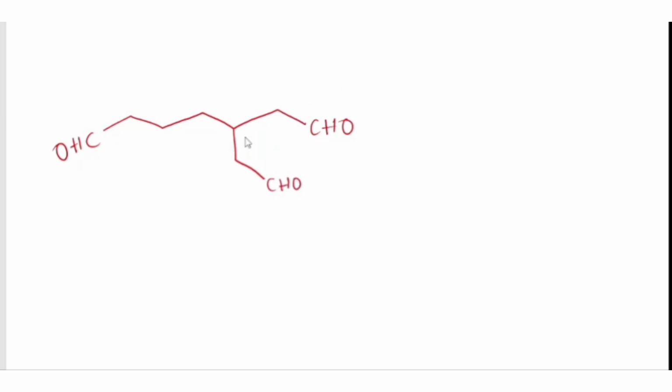In this case, we have to select the longest principal chain, and we know that from here I will start the numbering from the carbonyl carbon, 3, 4, 5, 6, and here also 7. I have to give numbering from this particular group. It is a little bit confusing, but here we saw that the functional group is not attached to the principal chain, where it is separated by this particular methyl group, correct?